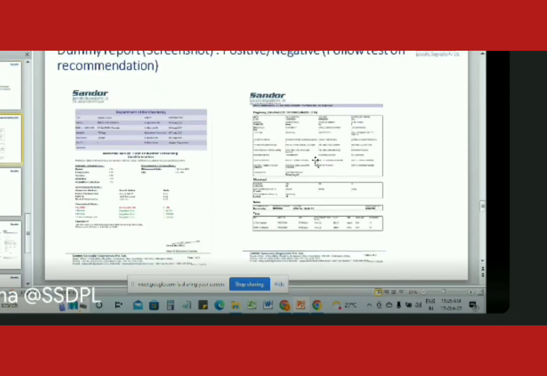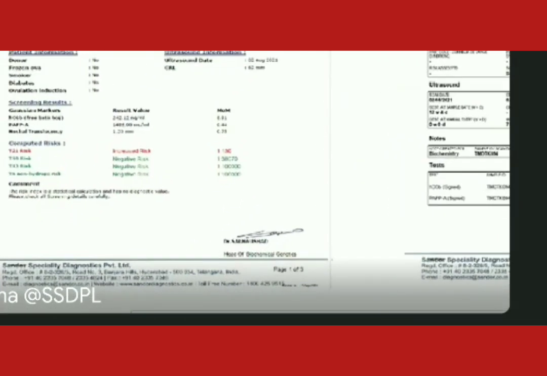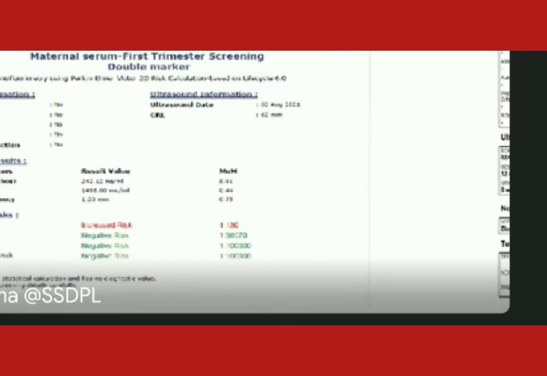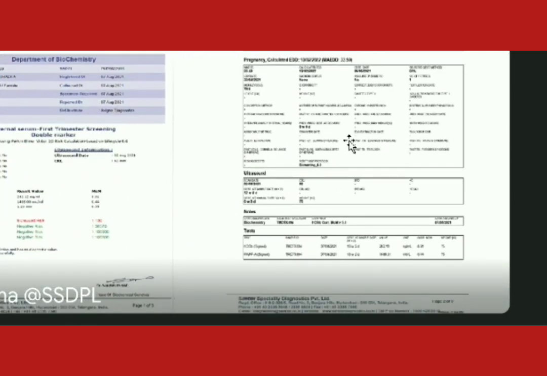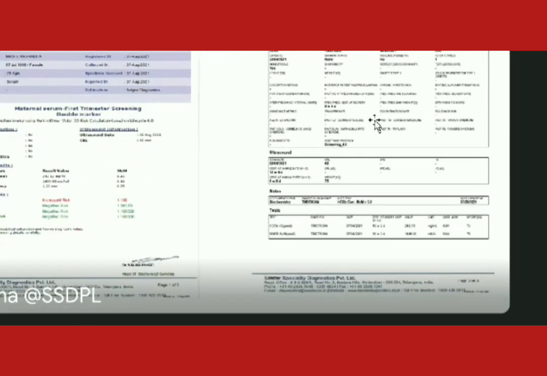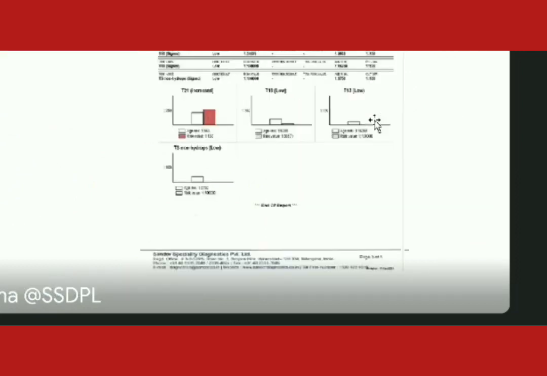So this is how our report looks. I hope everybody has seen our report. The green one indicates negative and the red one indicates positive and gives a high alert. We give all the demographic information we have got, seen on the second page. We enter everything into it because only then is the risk calculation possible.